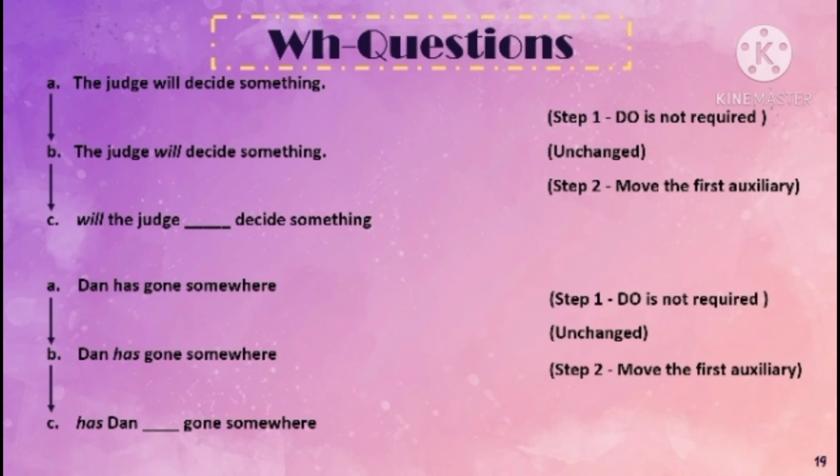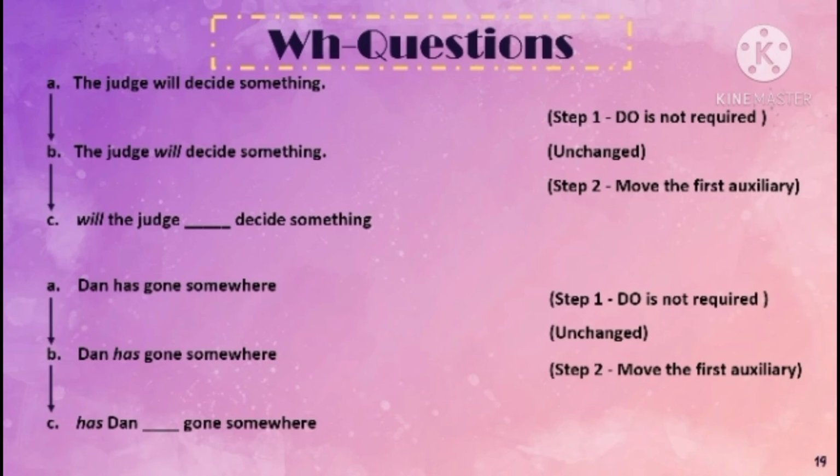So the initial steps are to insert the auxiliary do if the constituent representing the unknown information, and those are the indefinite expressions like someone or something, is not the subject of the sentence and there is no auxiliary or main verb be.